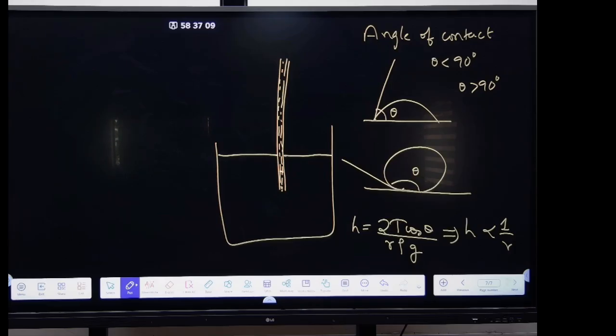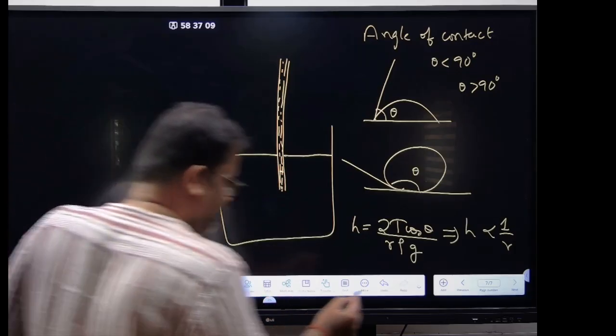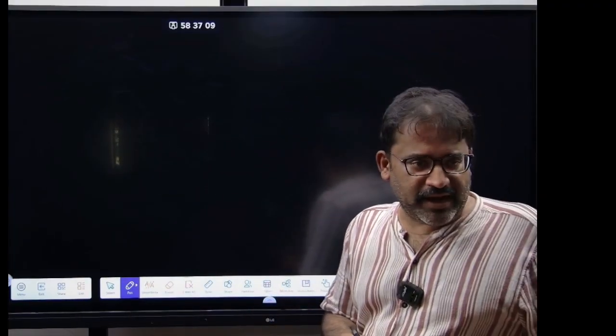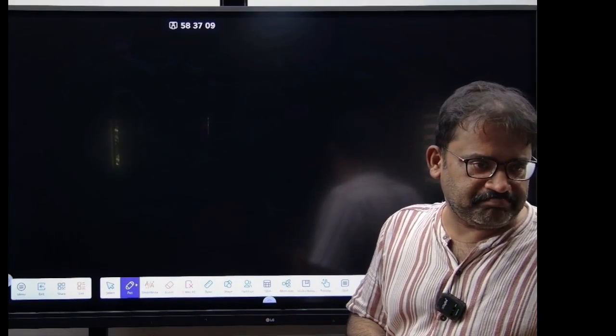Let's find it out. According to the question, there are two solids, correct?